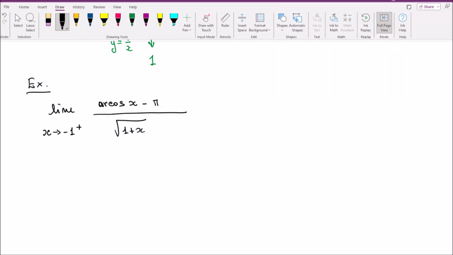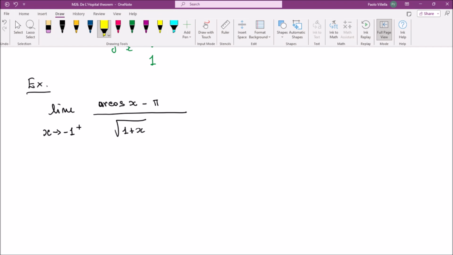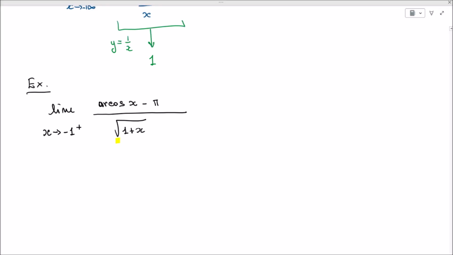And we need to have this to have the denominator properly defined, right? Because 1 plus x has to be a positive number, so x can tend to minus 1 from the right, from basically taking values which sits to the right of minus 1, so that 1 plus x is always positive.